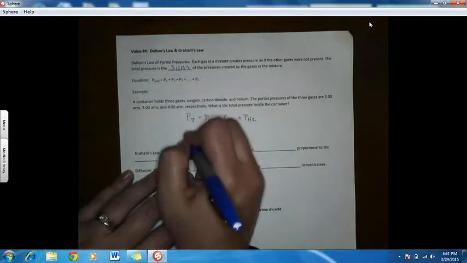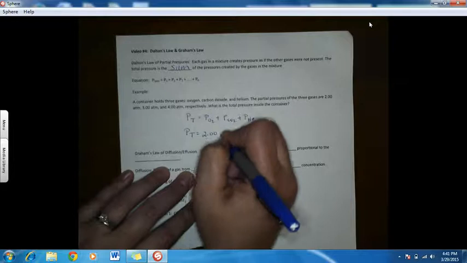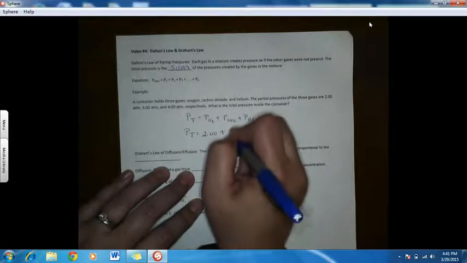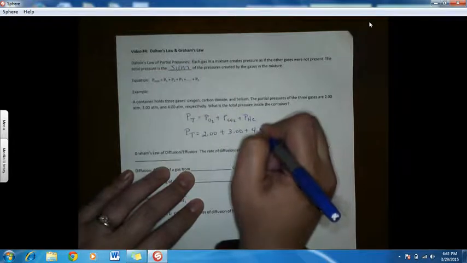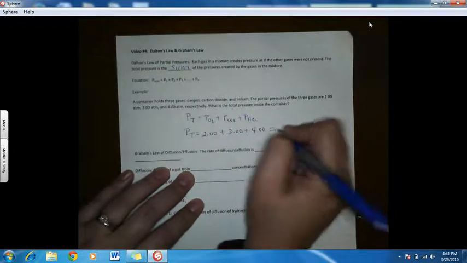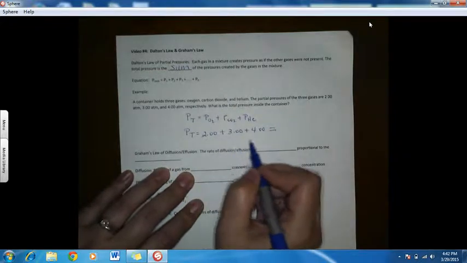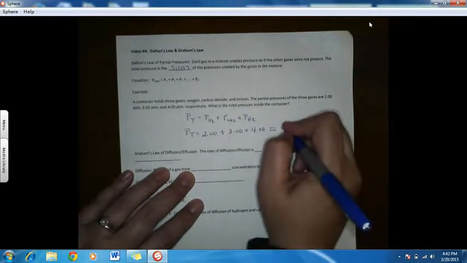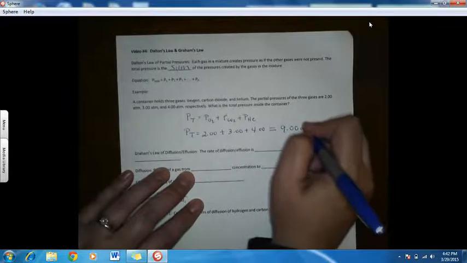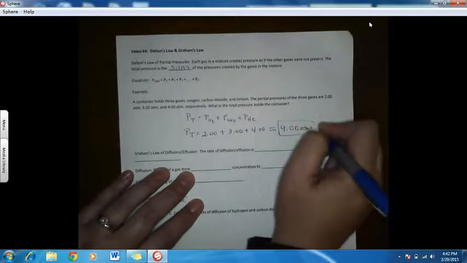The pressure of oxygen was 2, the pressure of the carbon dioxide was 3 atmospheres, and the pressure of helium was 4 atmospheres. And so the total pressure would be 2 plus 3 plus 4, which is 9 atmospheres. And that's Dalton's law.